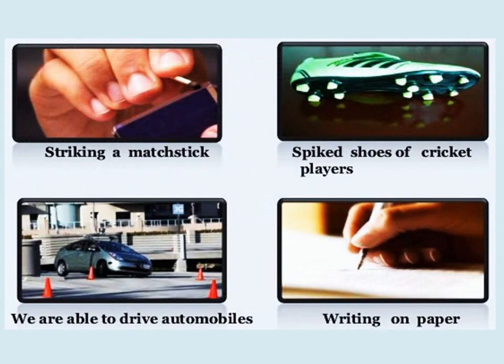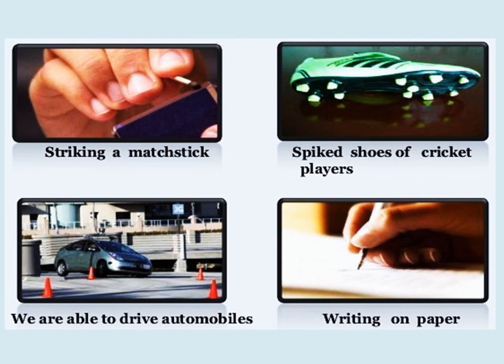Okay, and there are some more examples. Striking a matchstick: there is a rough surface here, so when you strike it, it generates heat energy and the match lights. And spiked shoes of cricket players, football players and athletes: they wear spiked shoes because they give a rough surface, so they won't be skidding or slipping down.